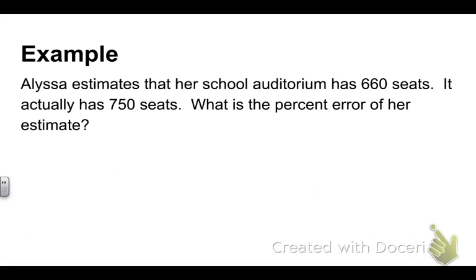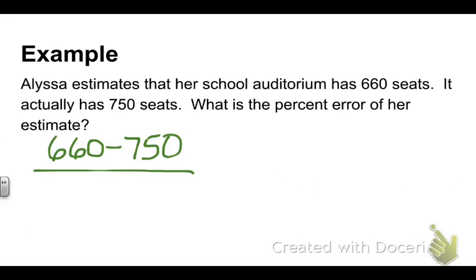We need to take what she estimated, what she thought, what she measured, which was 660, and subtract the actual value, which is 750. Once we get this, we need to divide it by what the actual amount is. Now again, it's the absolute value. There is no negative here.